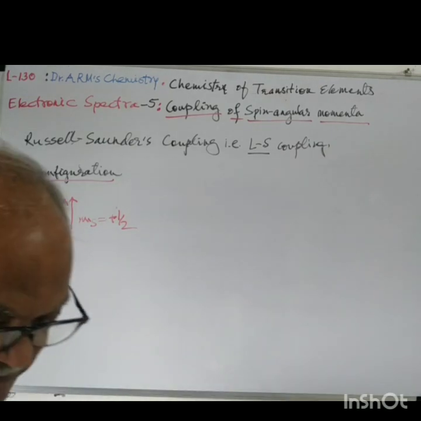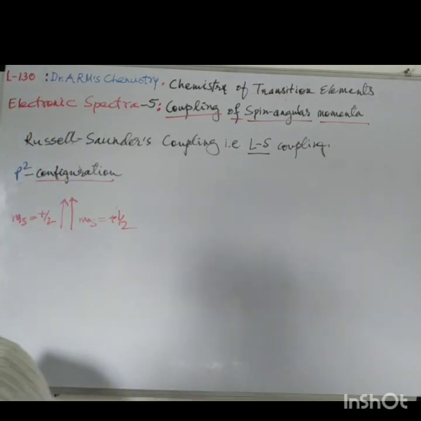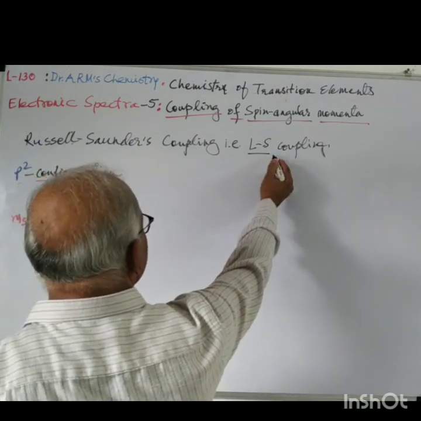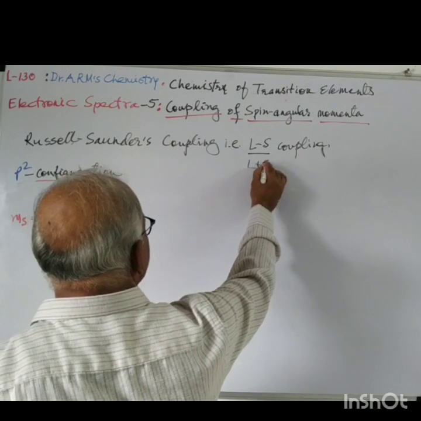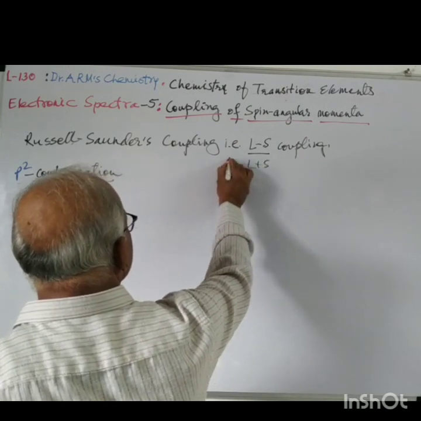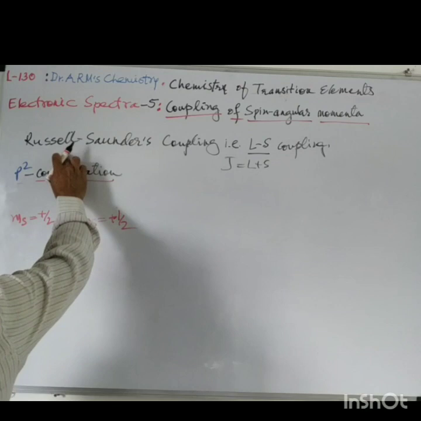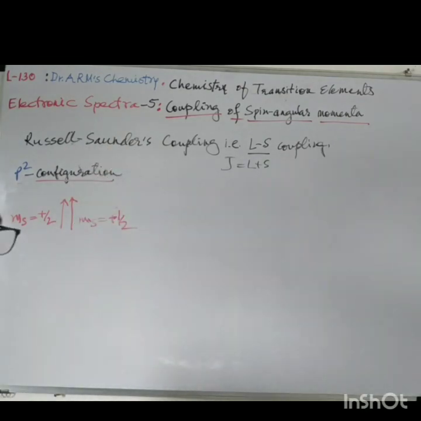So in that case, we have to obtain the LS. So LS coupling means L plus S values gives us another quantum number J, that is Russell-Saunders.